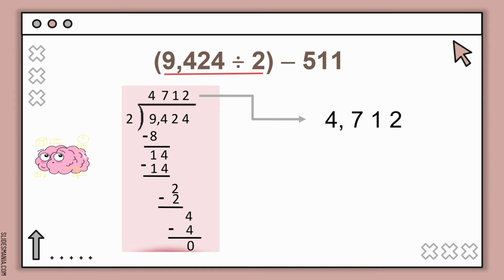So let's subtract vertically, 4,712, the answer from here, minus 511. 2 minus 1, 1. 1 minus 1, 0. 7 minus 5, 2. And then bring down 4. So the answer is 4,201. That's the final answer.